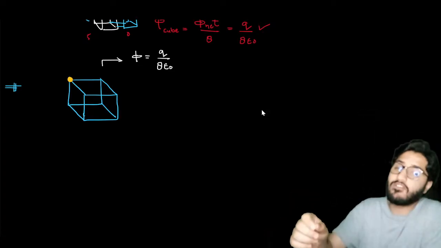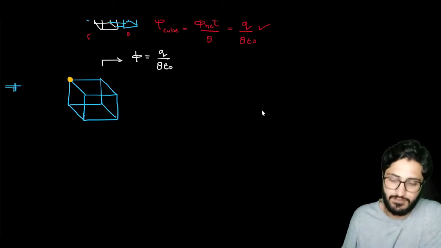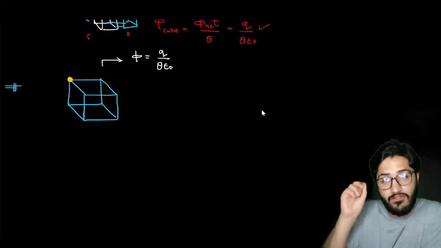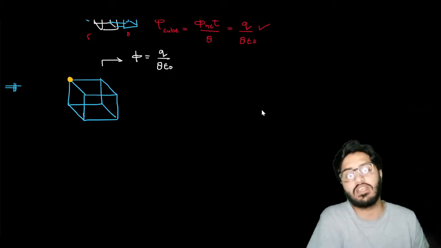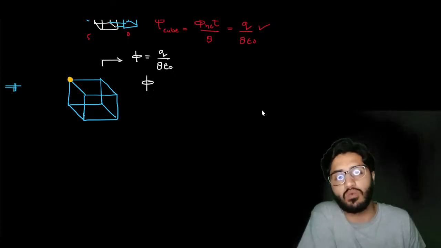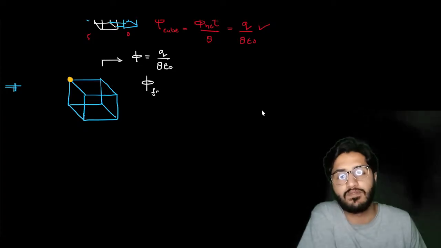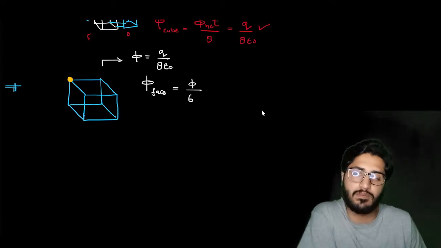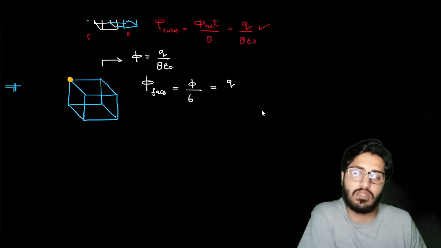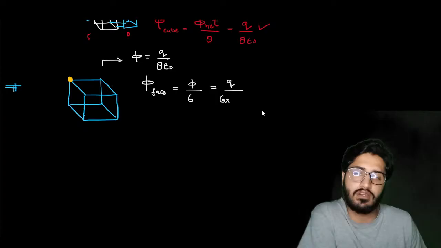So what will be the flux through each side now? How many sides do we have here? Sir, I have 6 sides. So if I am giving you the question, what is the flux through each face? Sir, you can write flux divided by 6. It would be q divided by 6 into 8 into epsilon naught.